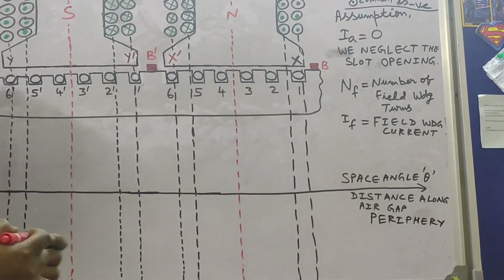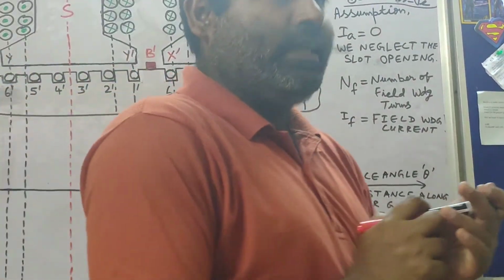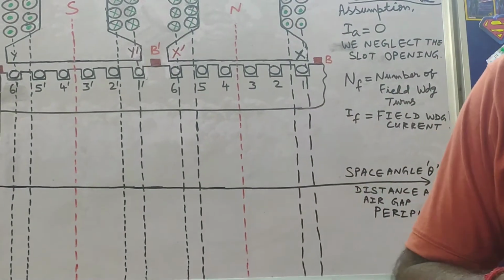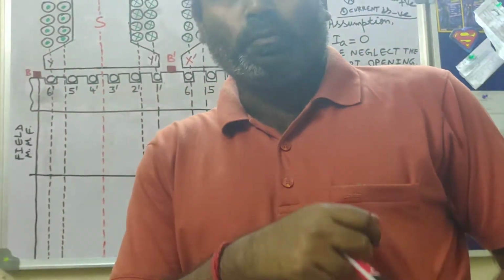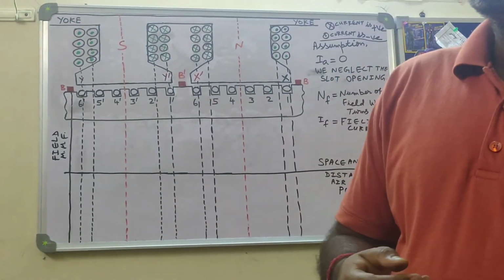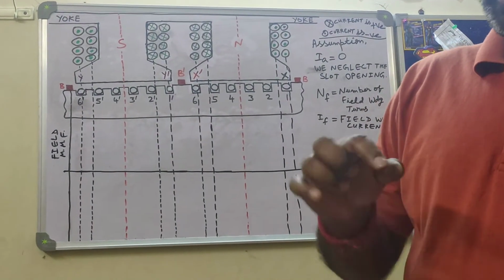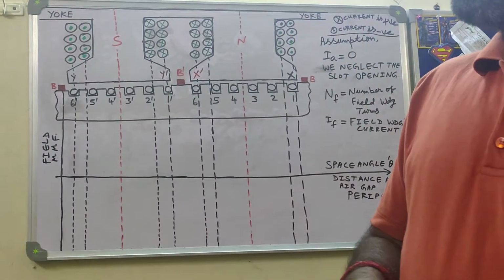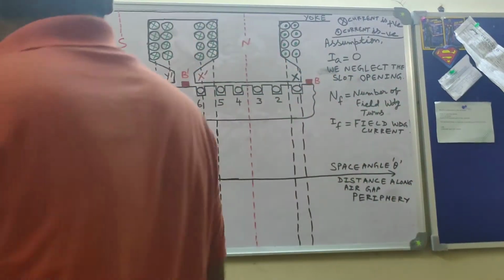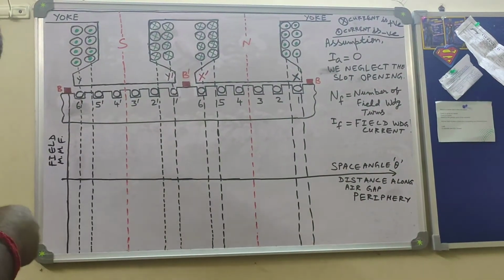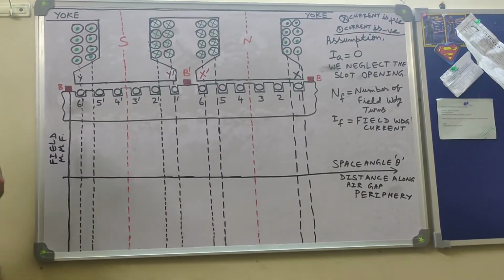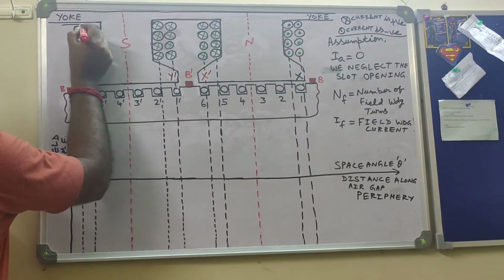Now what we have to do? We have to apply Ampere's circuital law. It states that the MMF acting along a closed path is given by the current enclosed by that closed path. So let's take some closed paths.